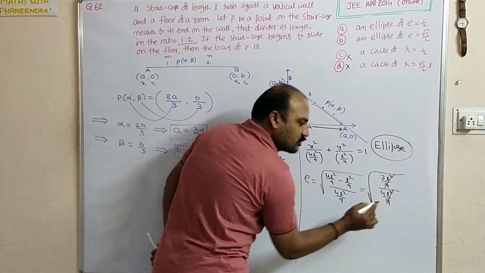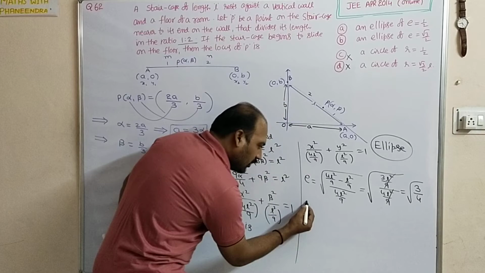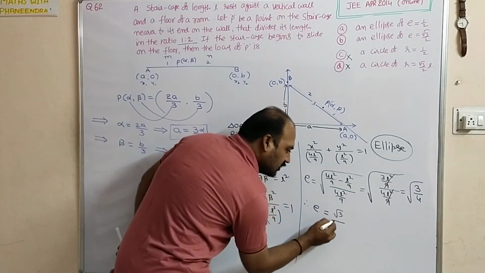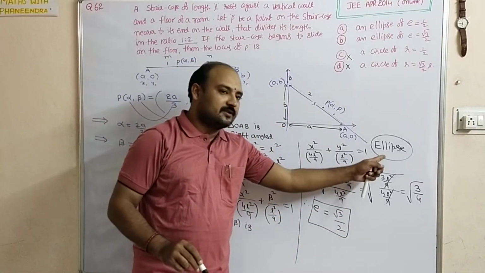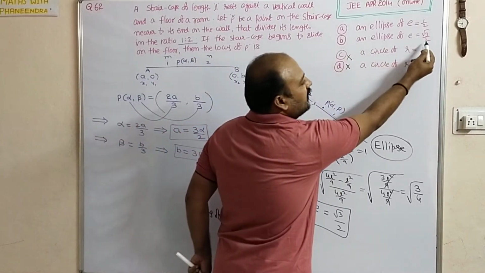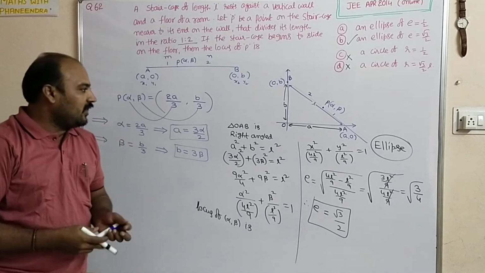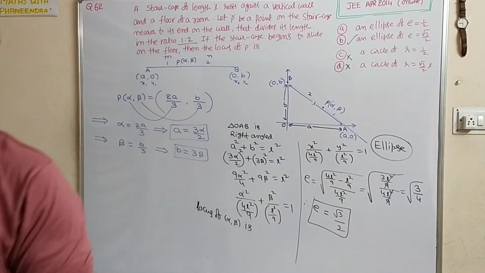L square by 9 and L square by 9 get cancelled, root 3 by 4. So E is equal to root 3 divided by root 4. Root 4 means 2. So the conic is an ellipse whose eccentricity is root 3 by 2, which is there in the second option. This is the way you have to do that. We will move to the next question, dear students.